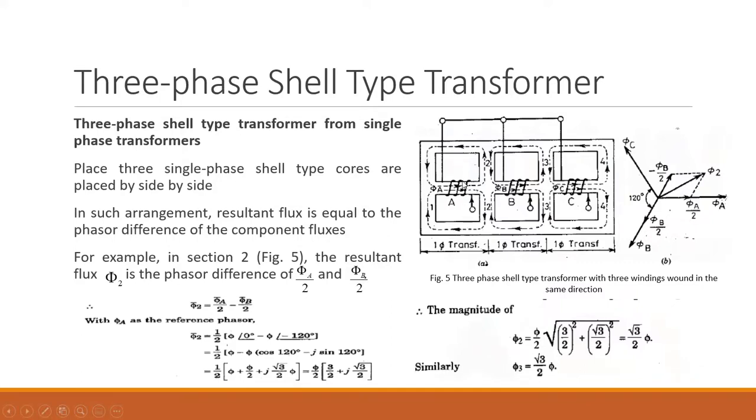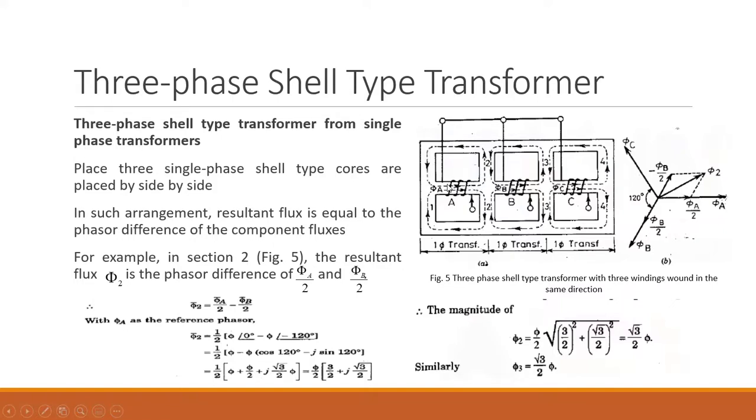You can notice we have shown the winding here: winding for phase A, winding for phase B, and winding for phase C. The flux produced will also have four sections. This is the first section, this is the second section, here is the third section, and this one is the fourth section. The working flux produced in this winding is shown here.